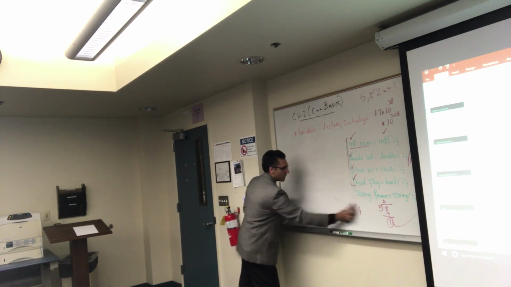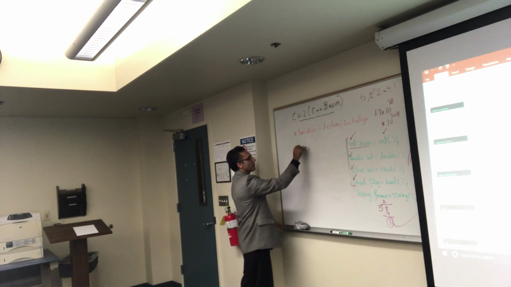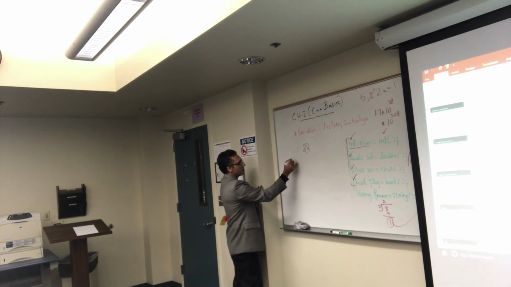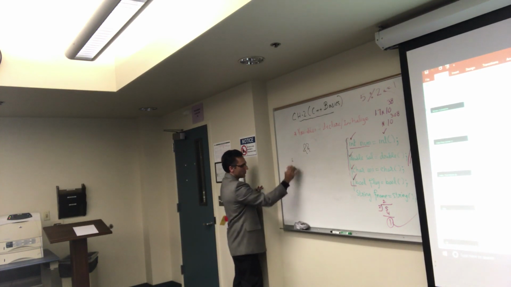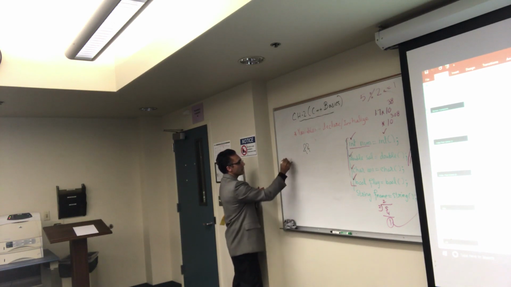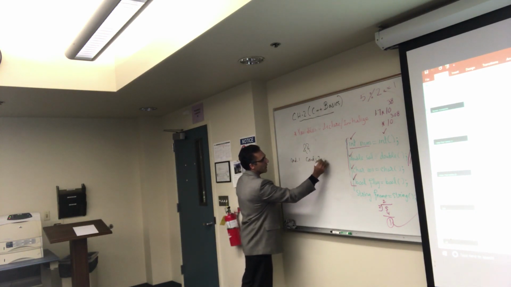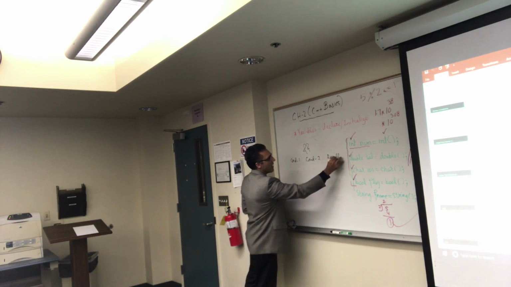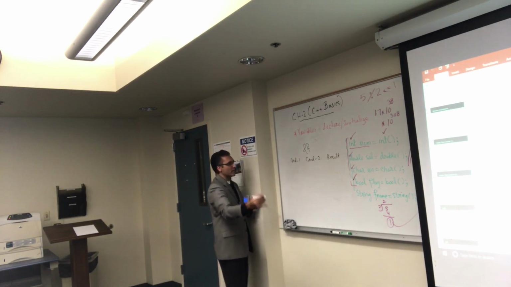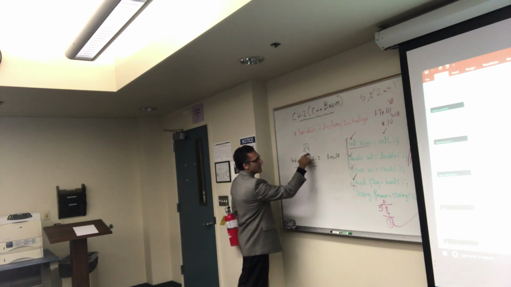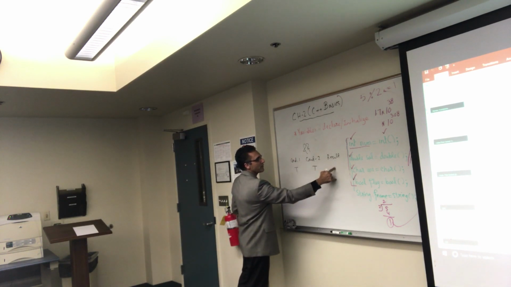The AND truth table. If this is your condition 1, condition 2, and the result. And you can have more than one condition. You can have 3, 4, 5 of them. If this is true, in case of AND, what will be the result?